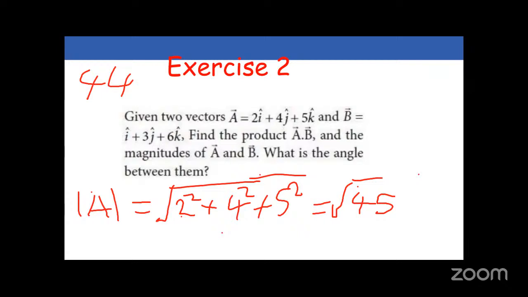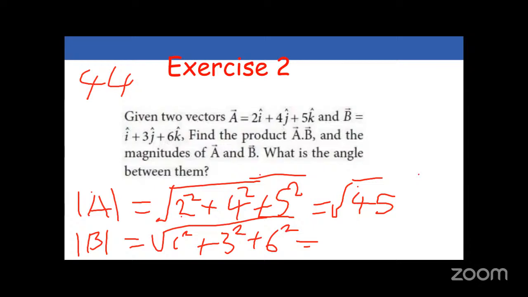And then magnitude of B is square root of 1 square plus 3 square plus 6 square.